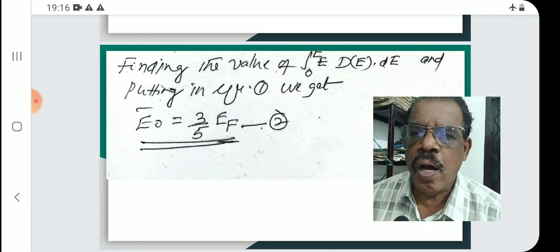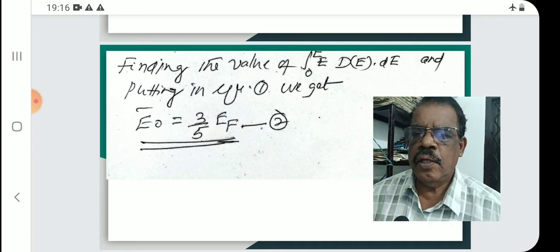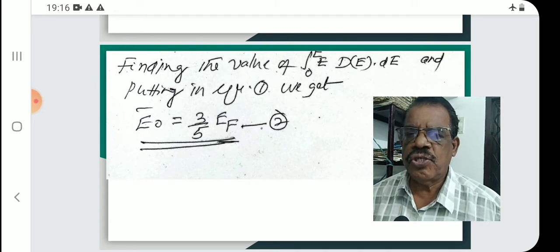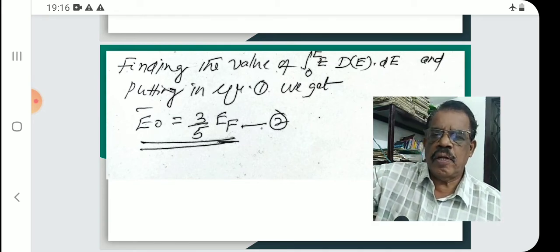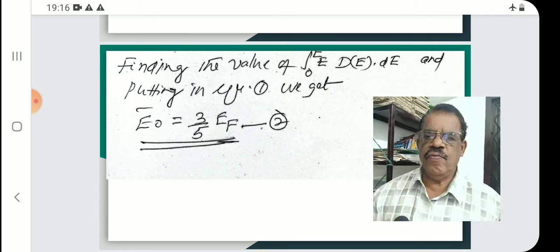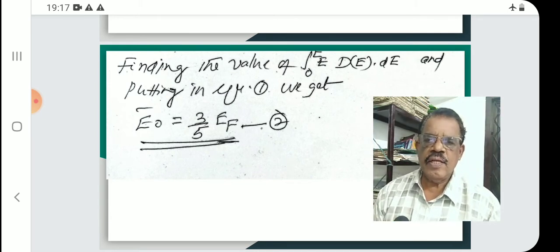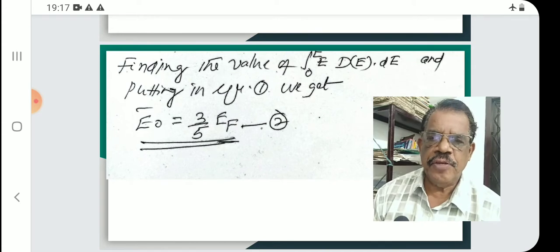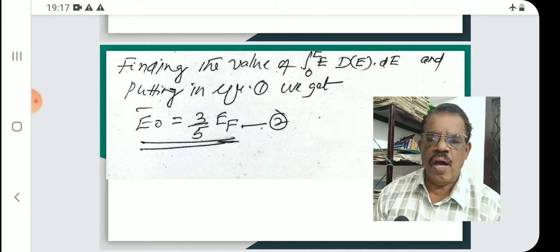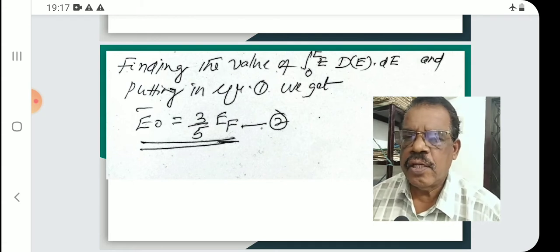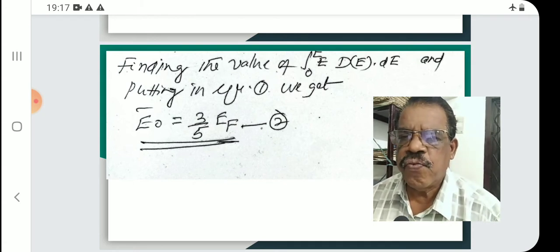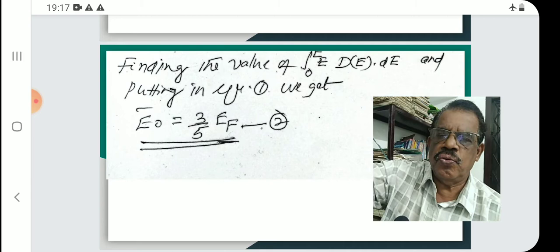E0 bar is the mean energy of electrons at 0K. E0 bar is 3 by 5 EF. That is equation number 2. EF is called the Fermi energy. So the mean or average energy of the electron at 0K, E0 bar, is equal to 3 by 5 EF.